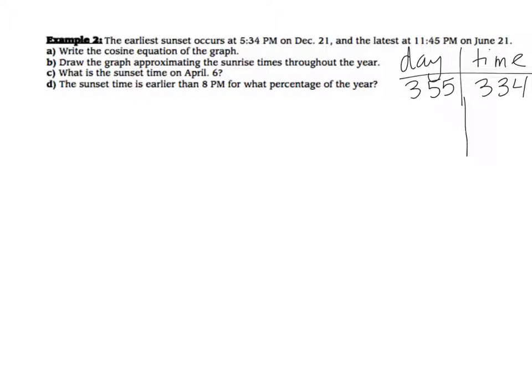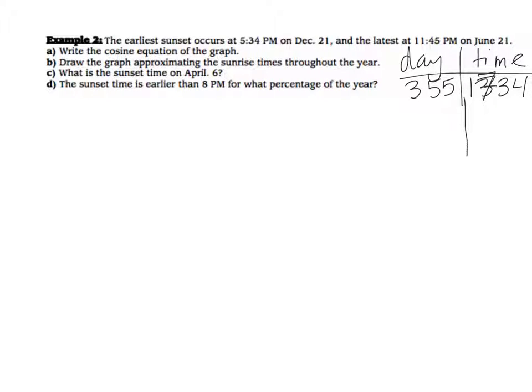Take 5 hours. Oh, that's not right, is it? No, what's wrong with it? 12 hours? That would be 5:34 a.m. So how do I get the time of 5:34 p.m.? It's 17:34.